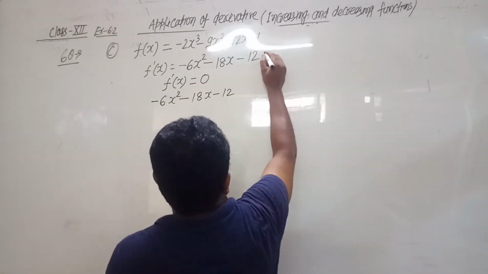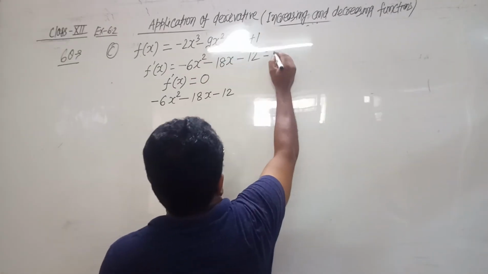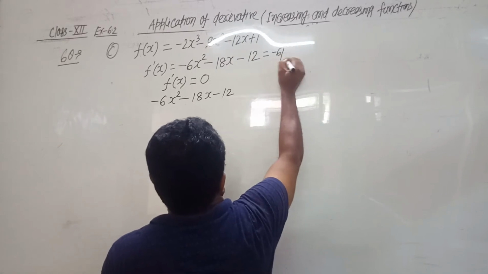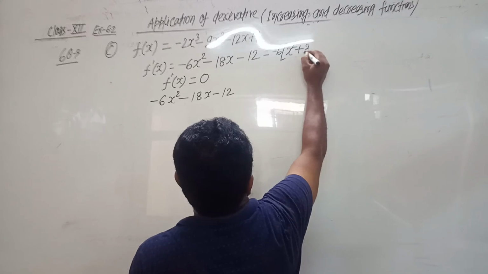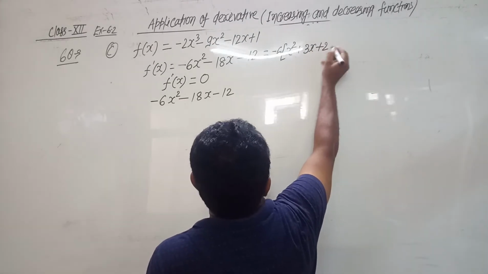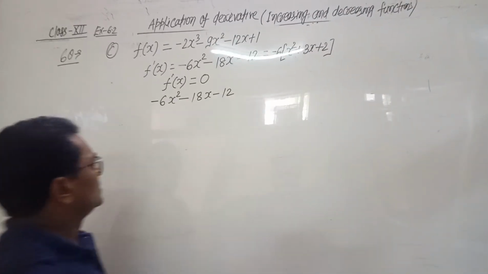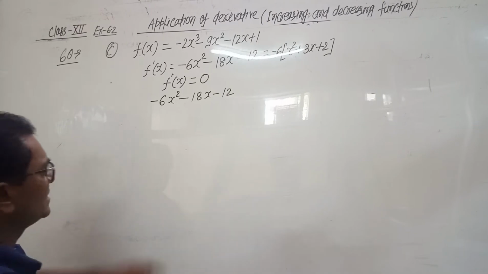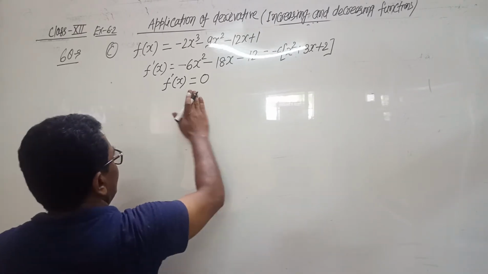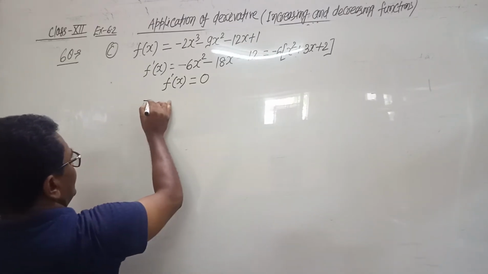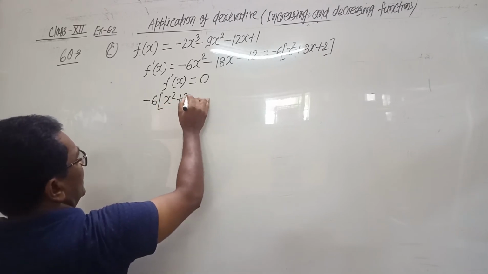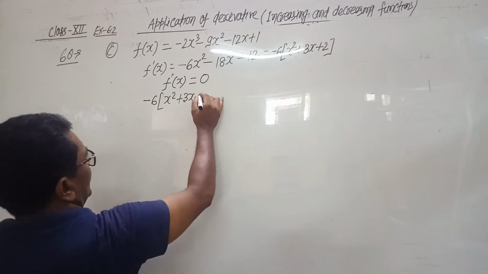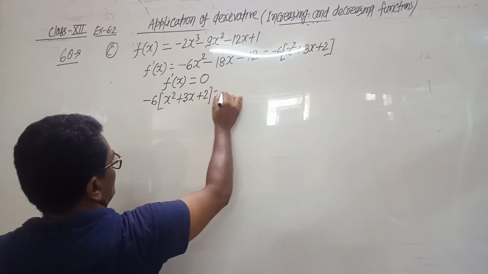From these three terms we can take minus 6 as common. So we get x square plus 3x plus 2. So we can write directly f dash x is minus 6 times x square plus 3x plus 2 equals to 0.